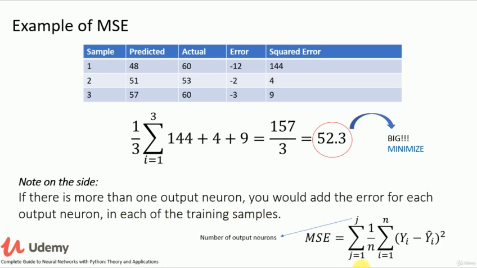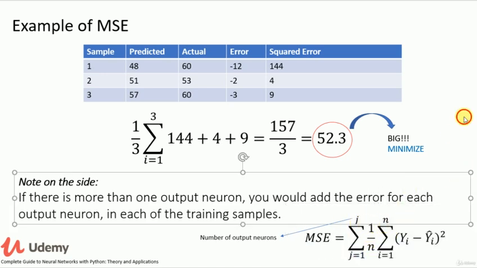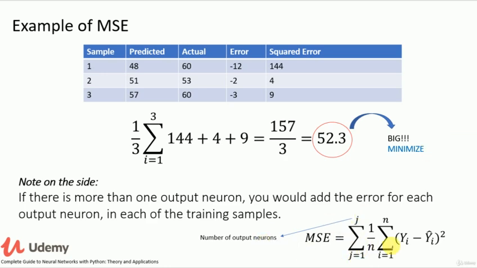So this is the new equation of the MSE when you have more than one output neuron. This whole term is your MSE, and this part is just how many output neurons you have, which is j. So j is the number of output neurons. You just take the MSE for each neuron and then add them all together.